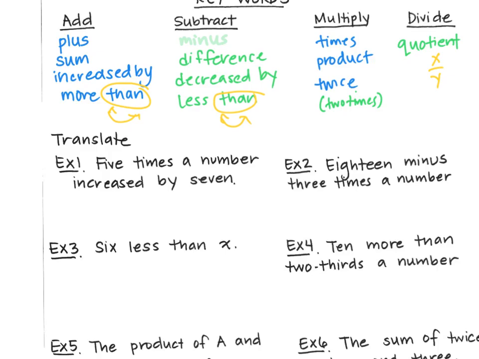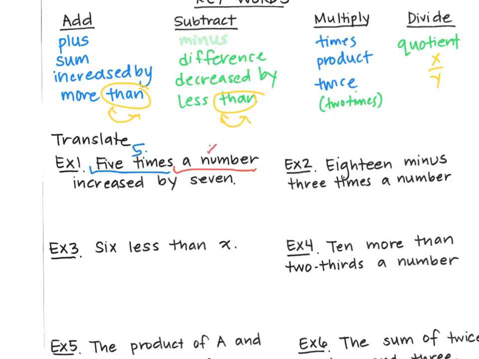We're going to do some examples where we translate the word expression into an algebraic expression. Pause the video so you can copy down the problem. For example 1, it says 5 times a number increased by 7. I'm just going to go word by word. 5 times, so 5, maybe a dot. When it says a number, in algebra, we actually mean a variable.